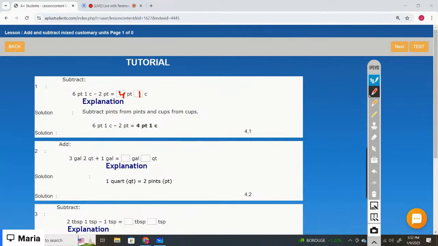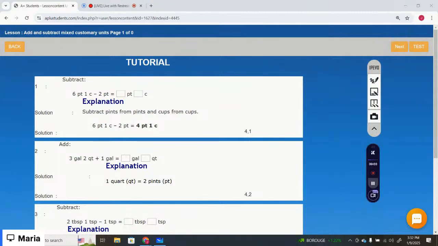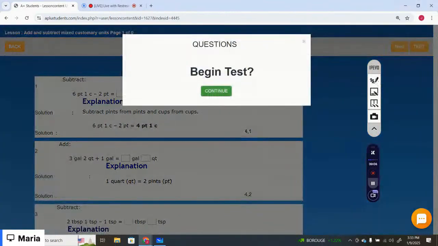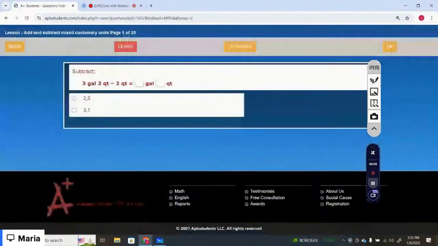You always add the same units. Keep this very important point in your mind. You need to add gallons to gallons, quarts to quarts. Subtract, which is the correct option, option 1 or 2?